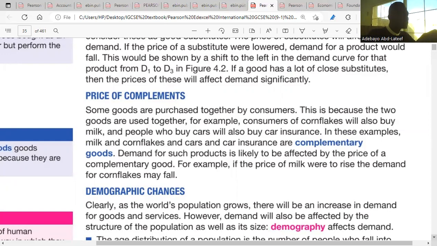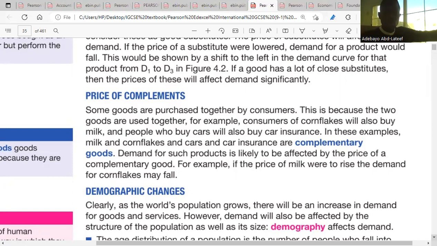A rise in price of a complement good might reduce the quantity demanded of its used product. The product that we have to use it with, if the price of the product increases, the demand for that product will fall, shifting the demand curve leftward from D1 to D3. Any question about price of complements here? I think you know what complement goods are now. Goods that are purchased together.